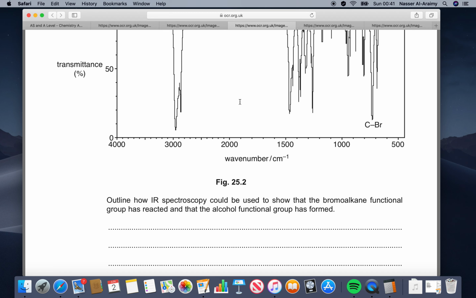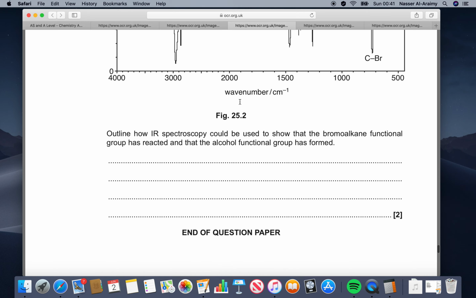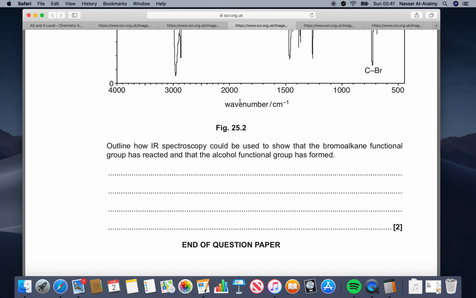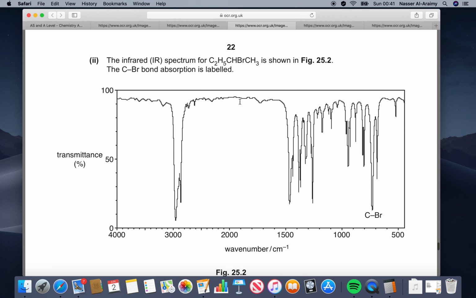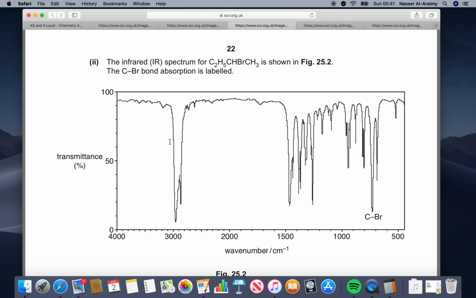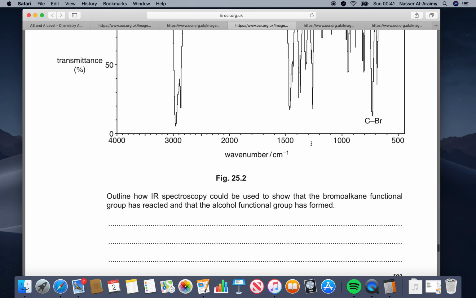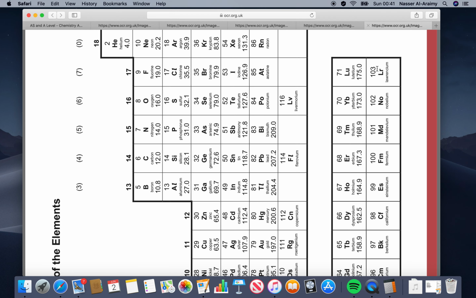But they can actually be quite easy if you just spend some time sitting down and labeling it, because you can see certain spikes and you match these up with your data sheet. What's in your data sheet?